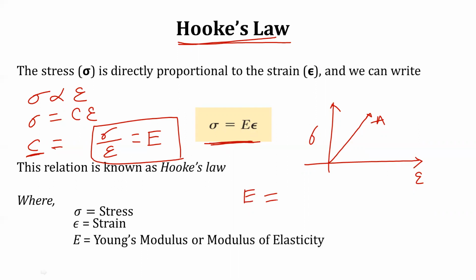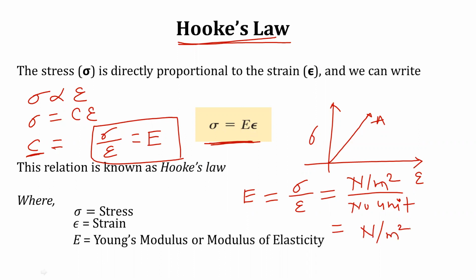We have E equal to stress upon strain. Stress is Newton per meter square, and strain has no unit. That means the unit of Young's modulus is again Newton per meter square or mm square, whatever you can convert afterwards.